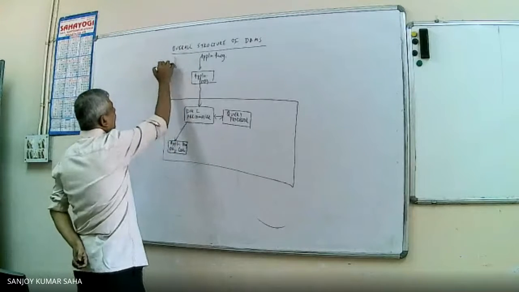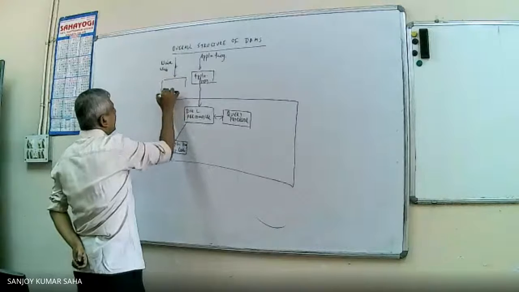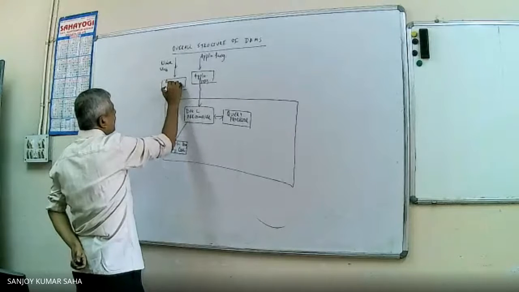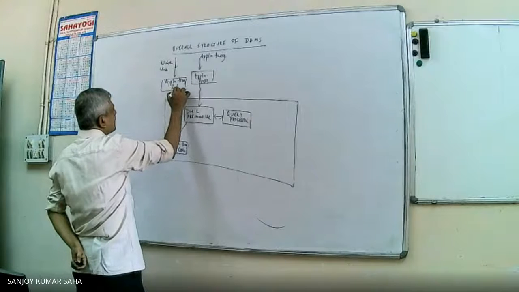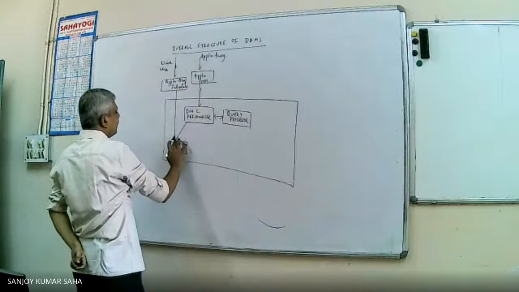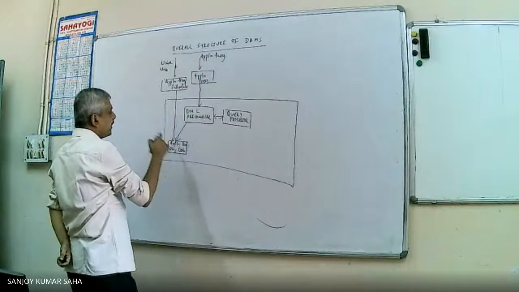If we have a user, they work through the application interface. By that, they connect with the application program object code.